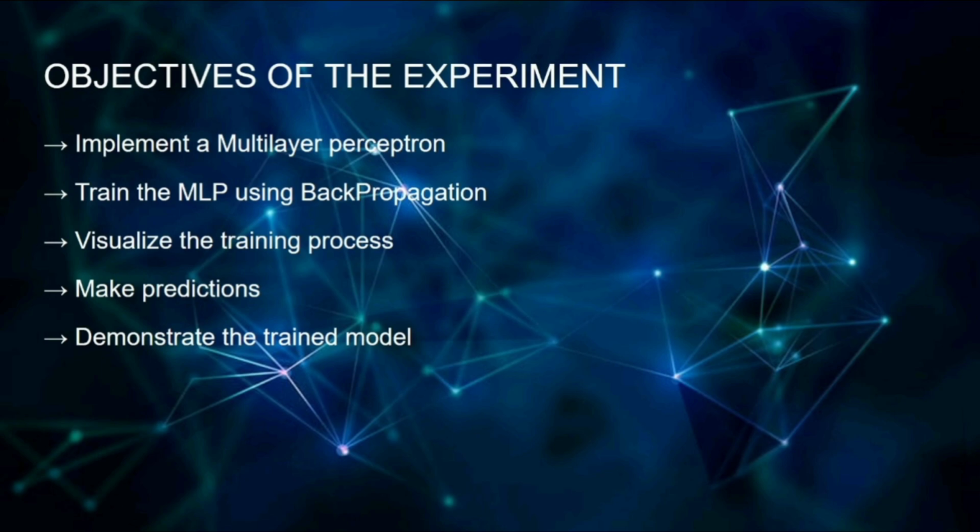It plots the loss value over training epochs to visualize how the loss changes during the training. Next is to make predictions. After training the MLP, it uses it to make predictions on new data points. The final step is to demonstrate the trained model. Overall, the program aims to build, train, and evaluate a simple MLP model for the given binary classification task.